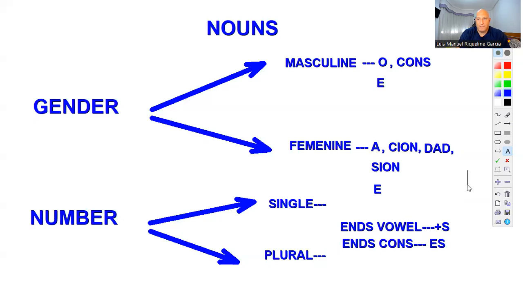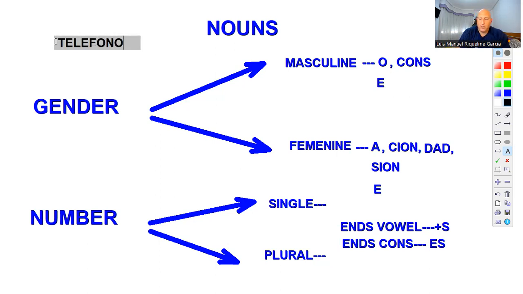So after this lesson, you should be able to recognize if a word is masculine or feminine. And if it is single, you should be able to turn that word into plural. So let me give you 2 or 3 examples and see if you can do it. You can do it along with me. For example, let me use the word teléfono.